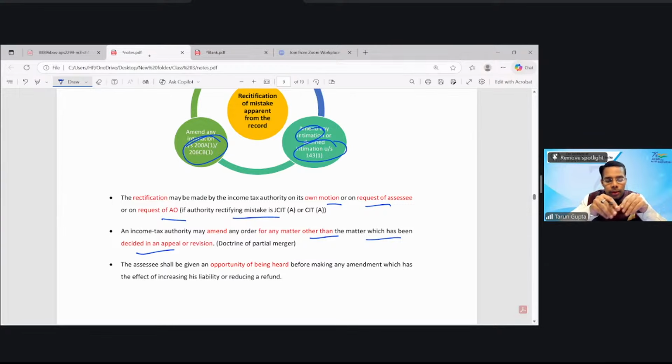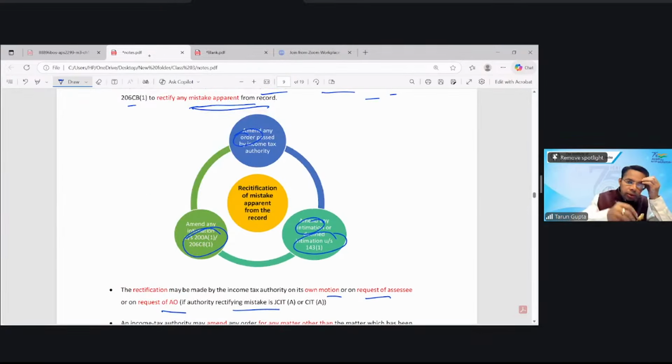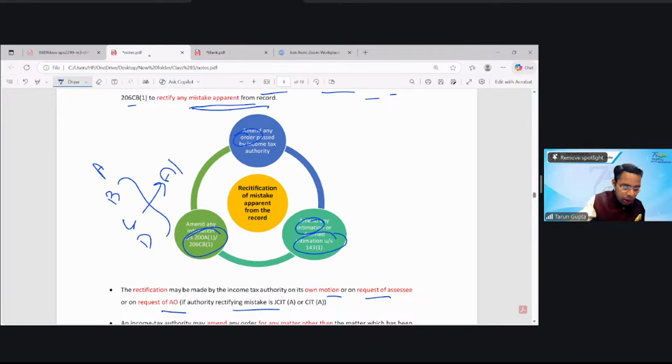Say in the assessment order, AO makes additions in respect of expenses A, B, C, D. Assessee files an appeal in respect of expenses B, C, and D. Now, the law says even in this order, which has been appealed, there is a partial merger and the rectification can be made qua A. Meaning thereby, rectification can be made in respect of anything except B, C, D. So only the matters which are pending before the appeal cannot be rectified by the AO.